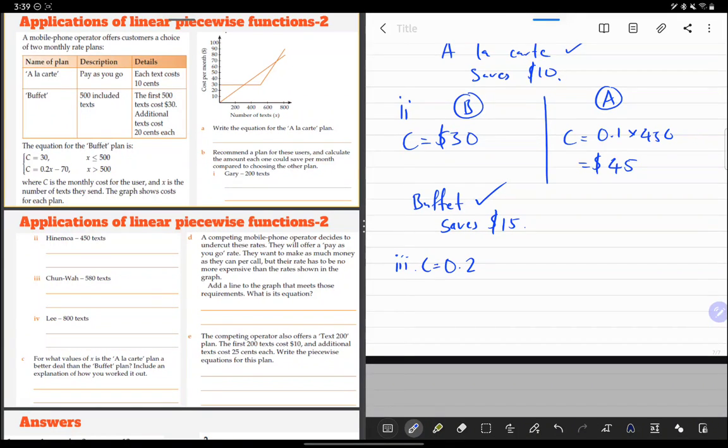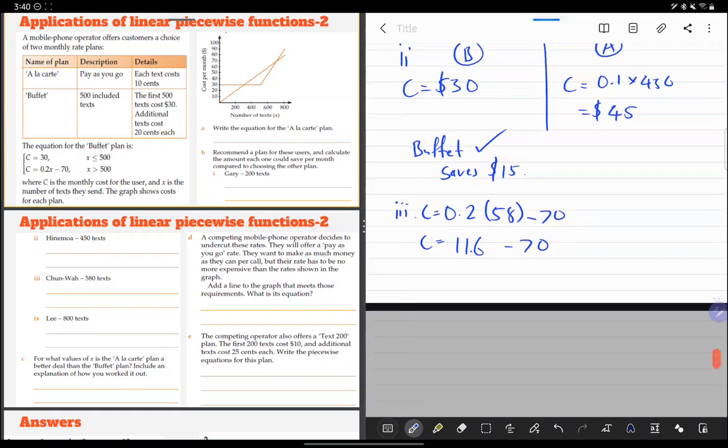Cost equals 0.2 times 580 minus 70. We have to do a bit of calculating.